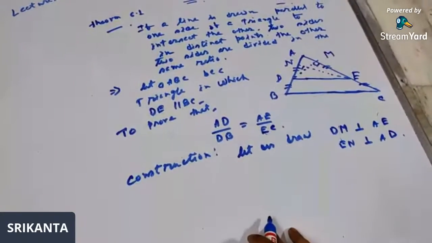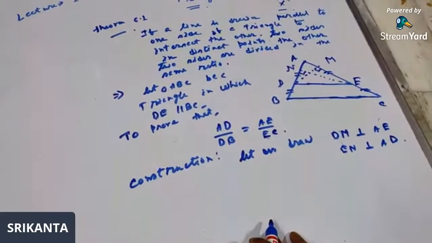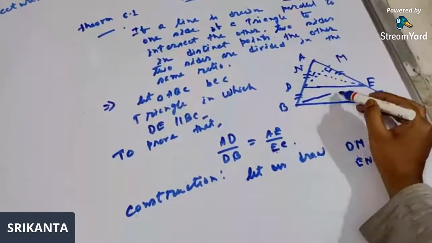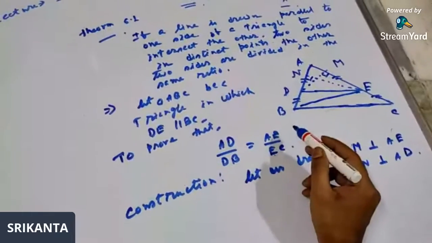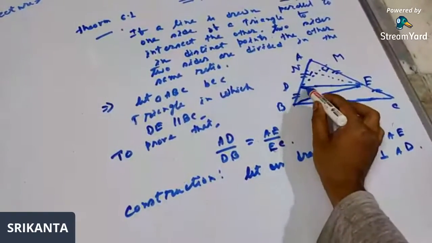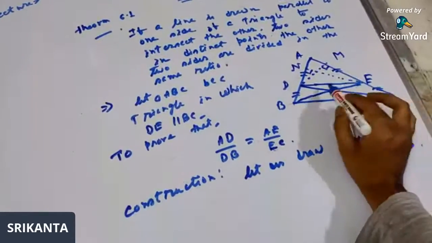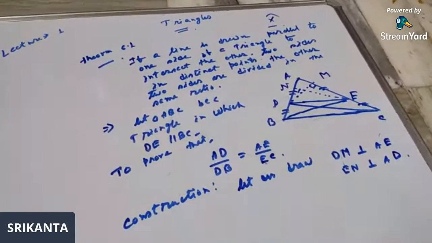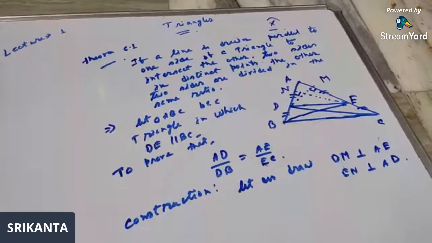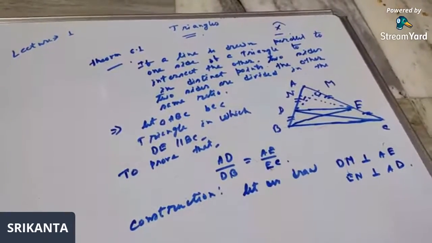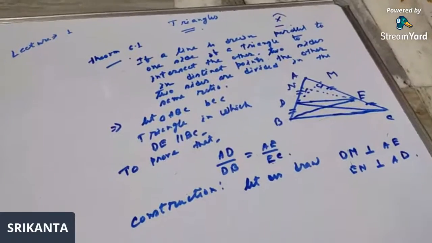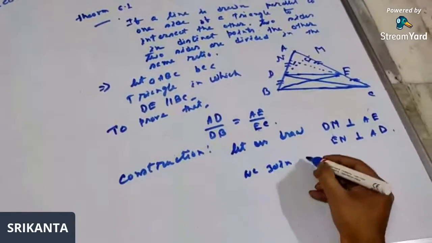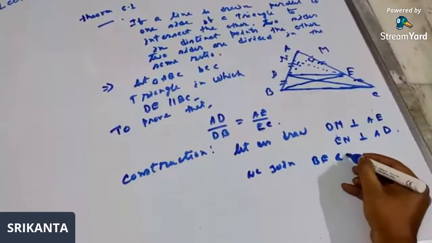Now, why are we joining BE and DC? Because we will require those. And we join BE and DC.